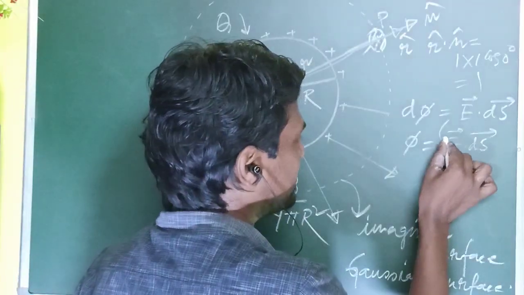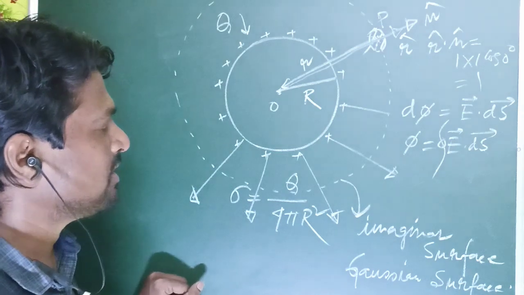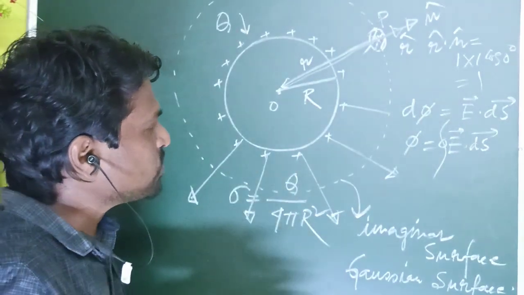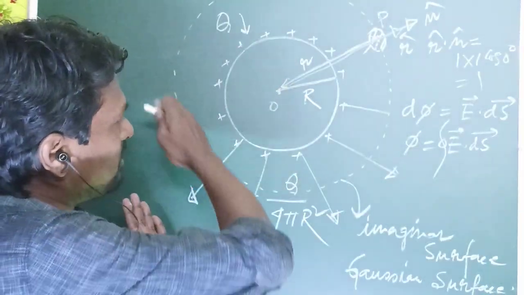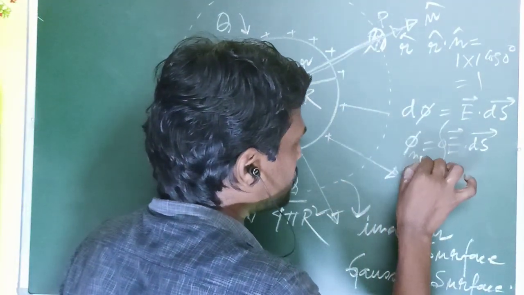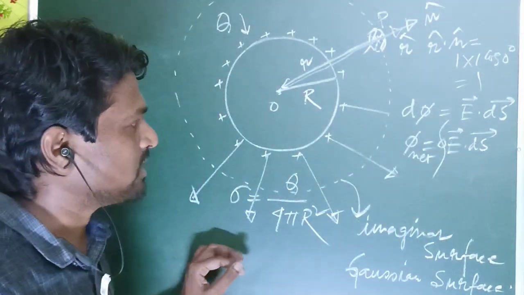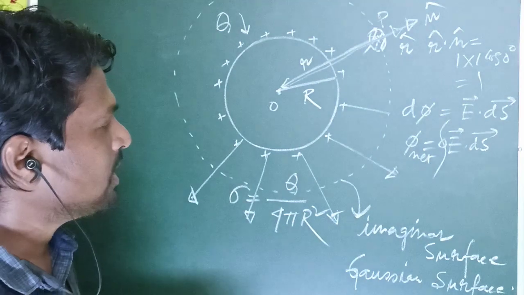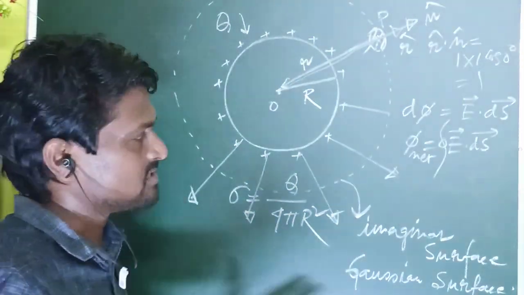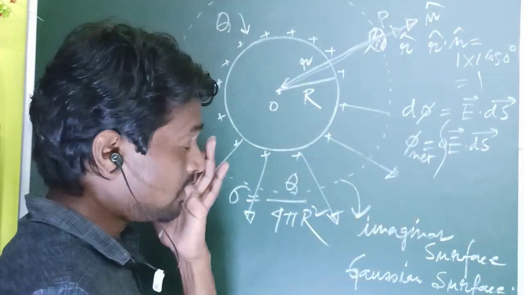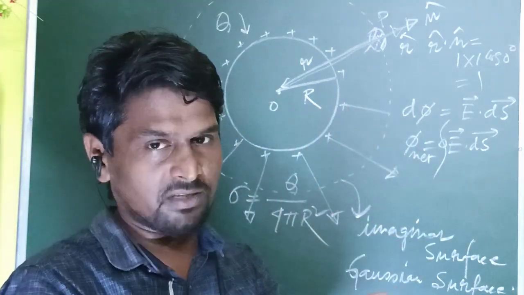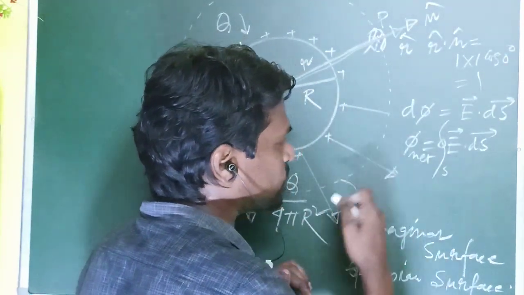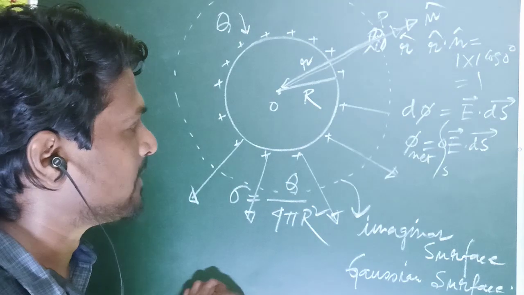Why can you take the closed integration? For all the fluxes. So net flux, phi net, equals the closed integration of E dot ds, and when it is taken over a closed surface area, then this is the closed surface integration of the electric field.